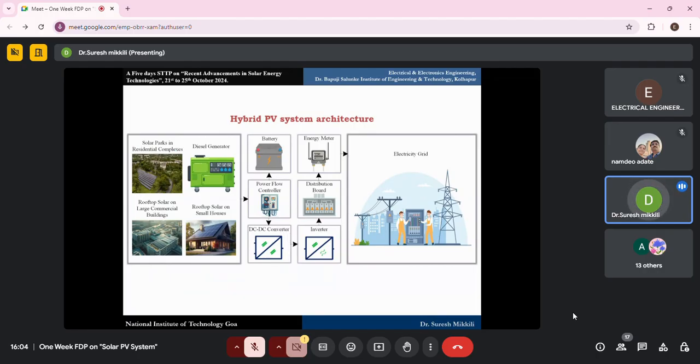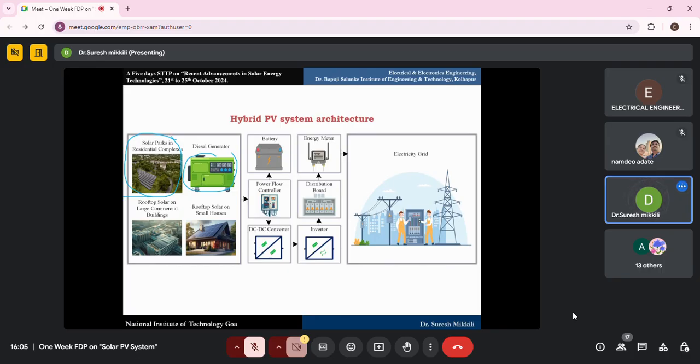More or less they are grid connected only. Here the extra is that, along with solar parks, rooftop systems on houses and rooftop systems on buildings, even diesel generators can be used.